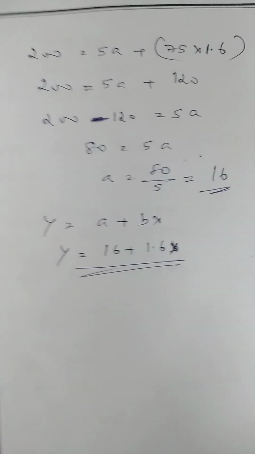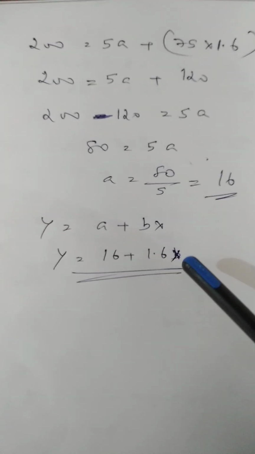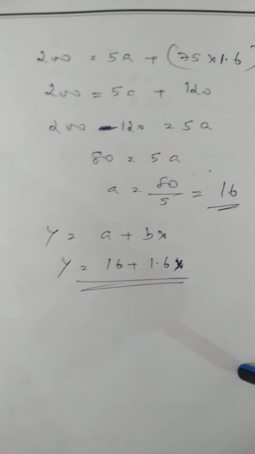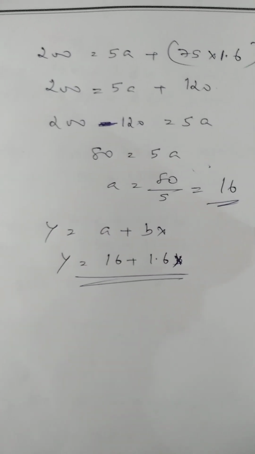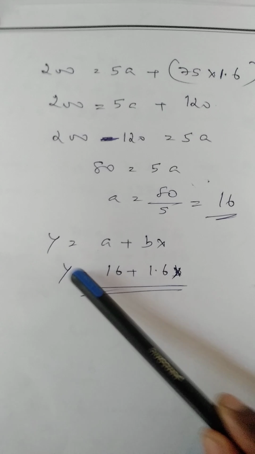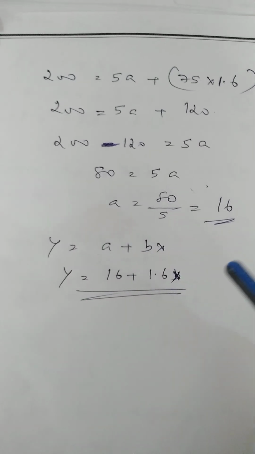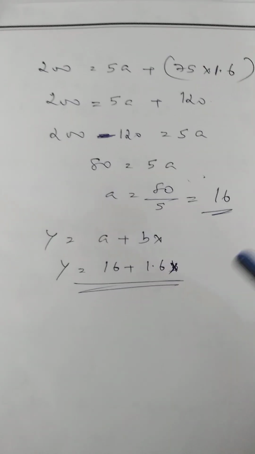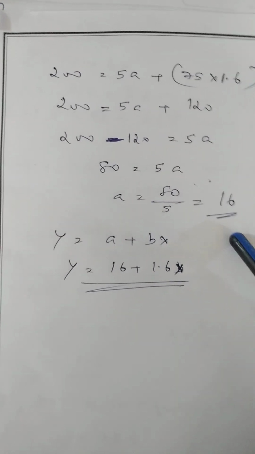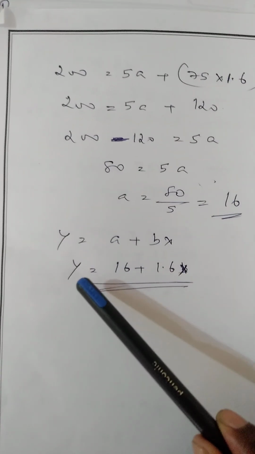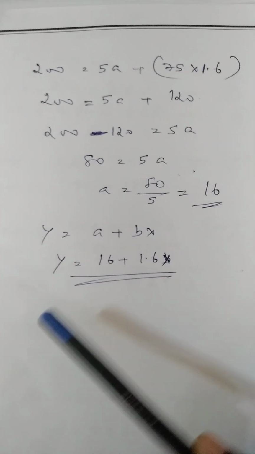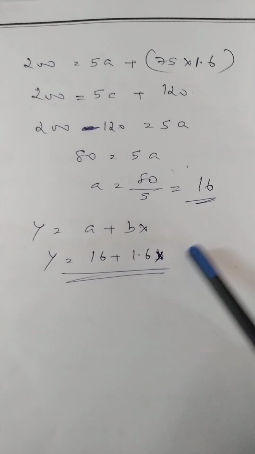Suppose the x variable is demand and you are given the demand as 2000. You are asked to find the y value. Suppose it is supply. Then you can find the supply by using the value of demand. If the demand value x is given as 2000 and you are asked to find the value of supply, which is y, then just apply the 2000 here. y, meaning the supply, is equal to 16 plus 1.6 into 2000.